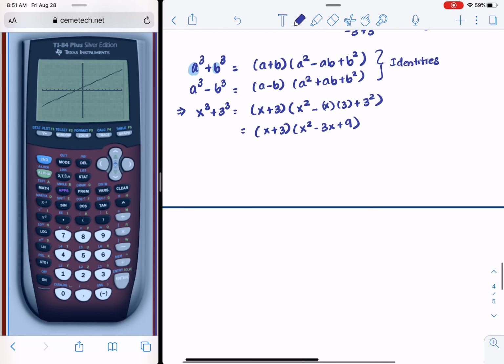So I'm going to rewrite the function: limit x approaches negative 3, x cubed plus 27 over x plus 3 would equal the limit, I meant to write negative 3.